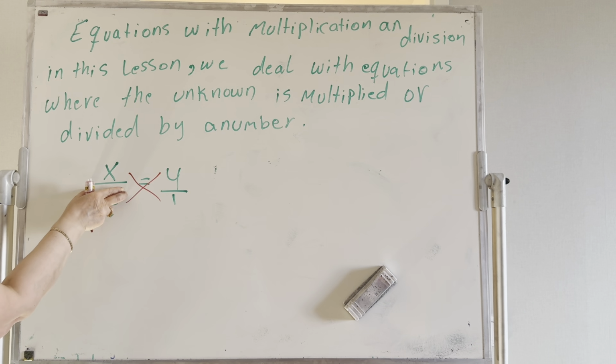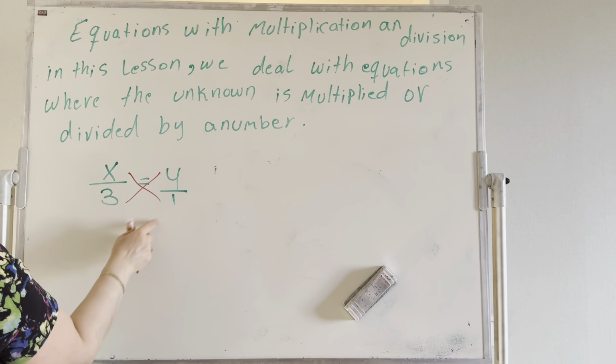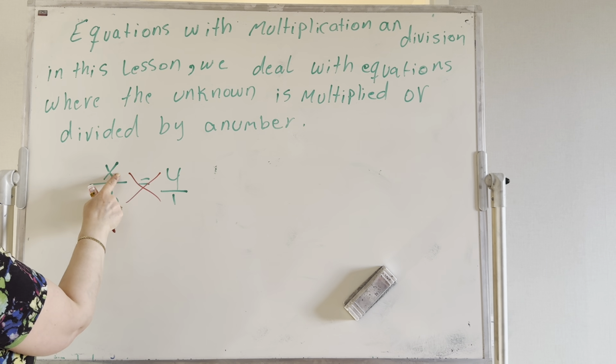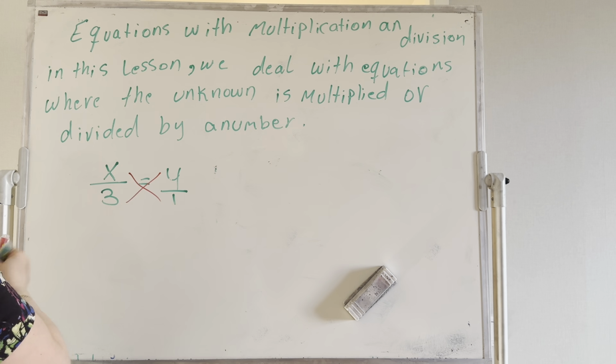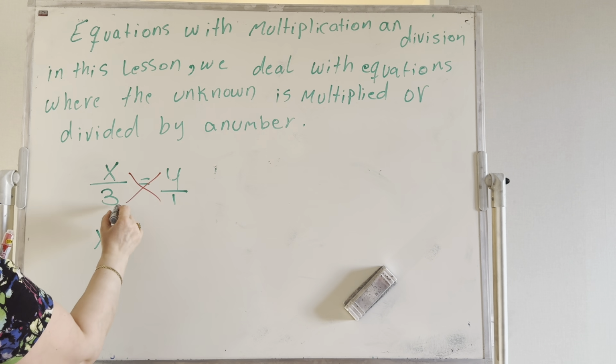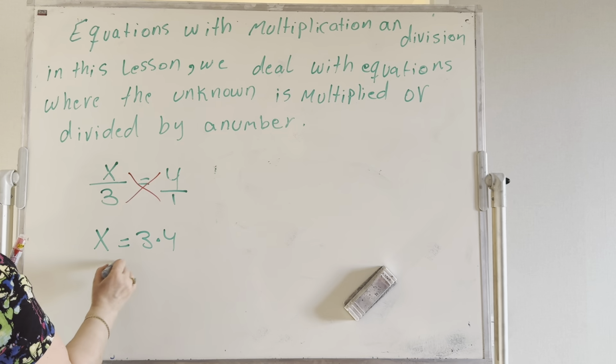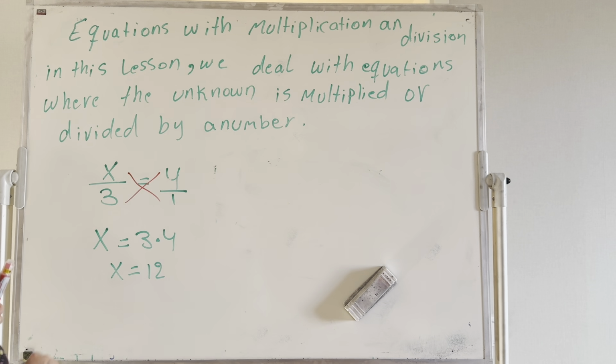If we have one fraction equal another fraction, we can cross multiply x with 1, 4 with 3. x equal 3 times 4, x equal 12.